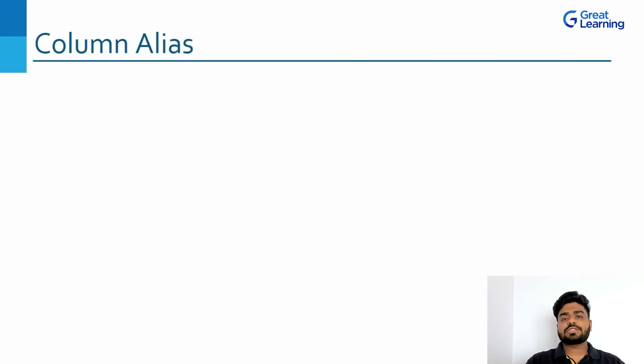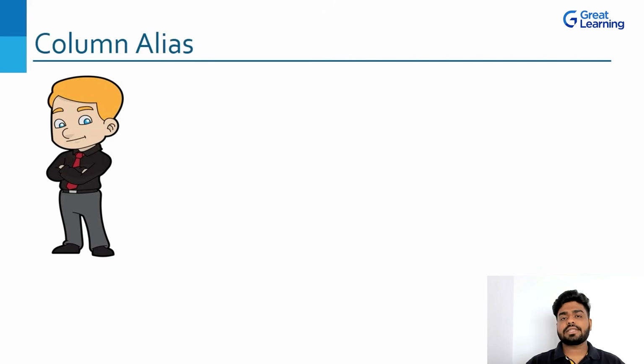Now let's come to the next one, which is column alias. What is this column alias? Remember that we all have one nickname, correct? If a guy is named Shivam Agarwal, his home name or house name will be something called Monu, or anything else. Now in SQL also, when we create a table, sometimes we give a column or a table a very big name.